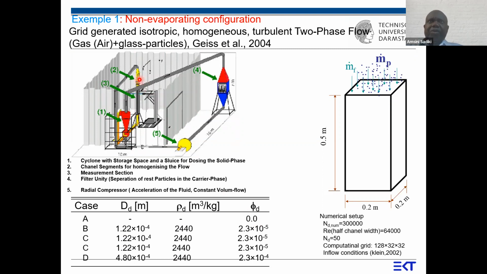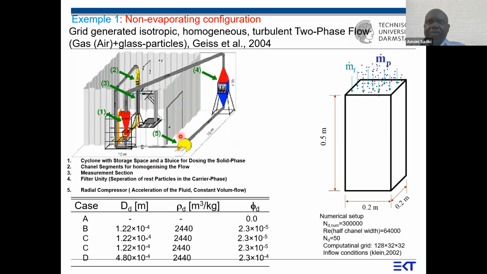What happens? We have the cylinder here, and we have our cyclone, which allows us to separate the particles and the gas. We have the channel segment for homogenizing the flow.